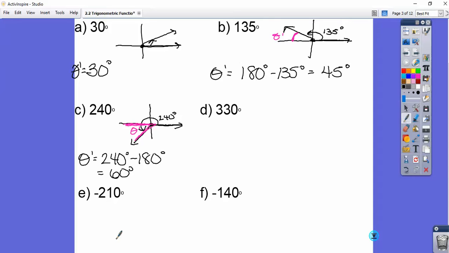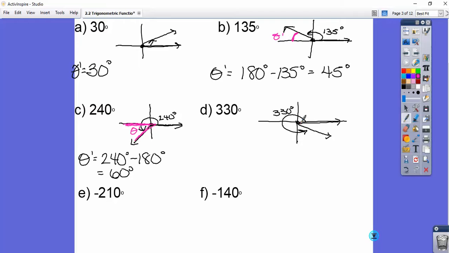Other questions? Okay, 330. What quadrant is that in? Quadrant 4. So this represents 330. Okay, I need distance to the x-axis.